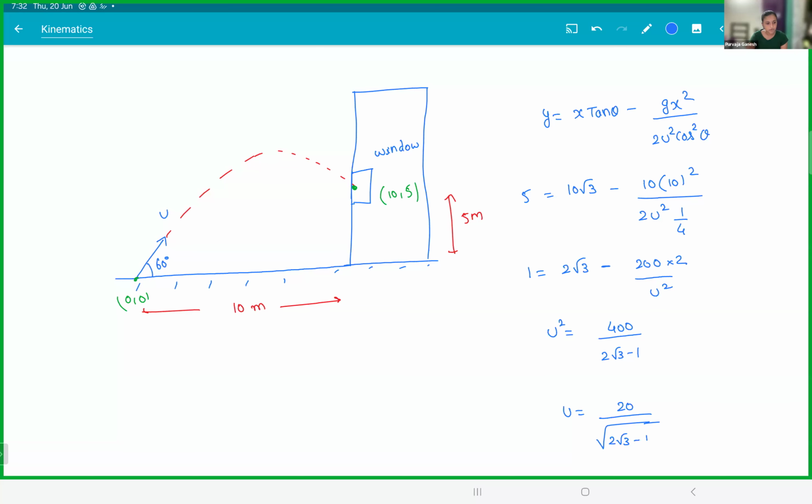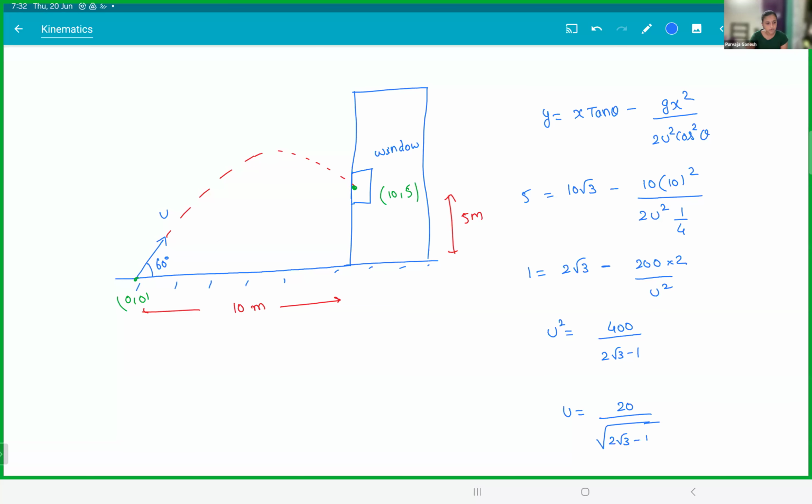Let's see the first one. Listen carefully. Getting the data is the most important thing. So when you're projecting it horizontally with u, ux is u, uy is 0.